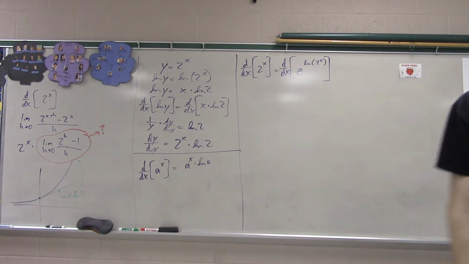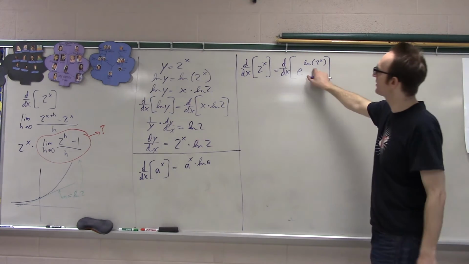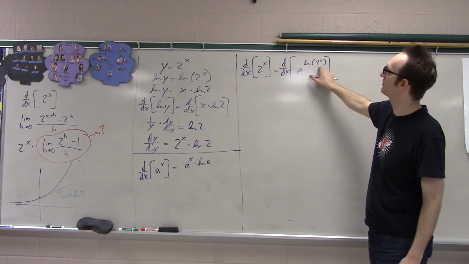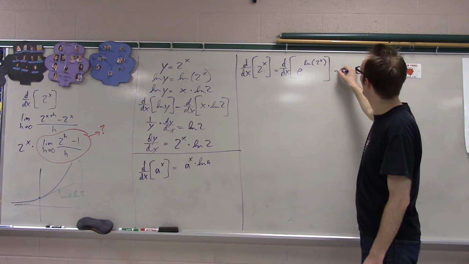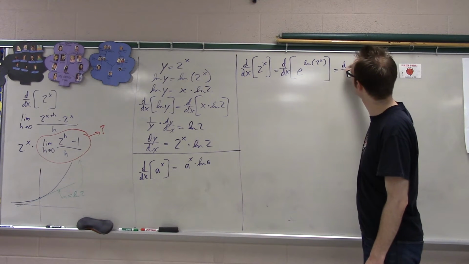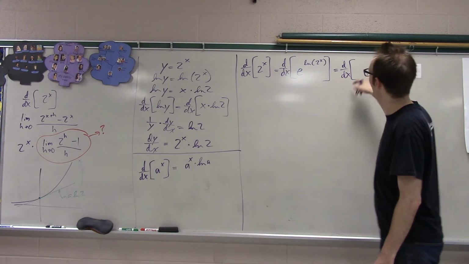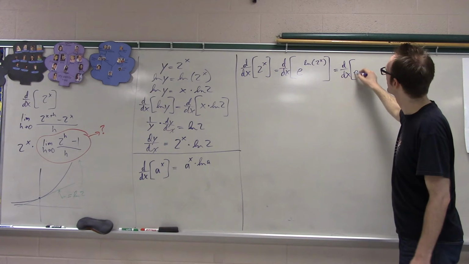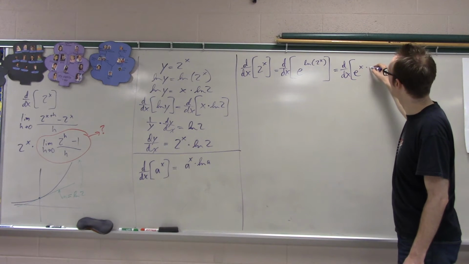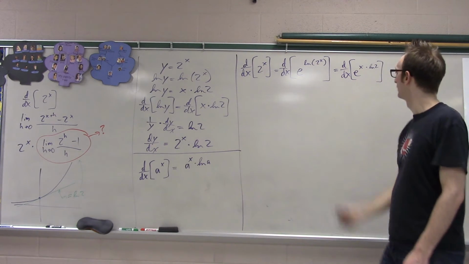Since e and natural log are inverse functions, e to the ln of anything is just that thing. So I can pop down the x using the log rule, and this is really e to the x times ln 2.